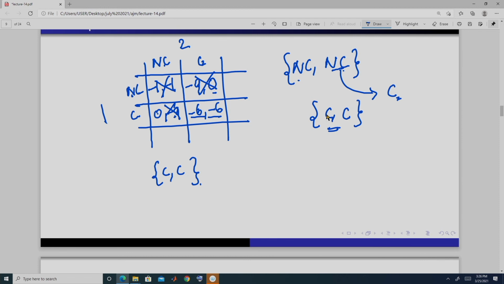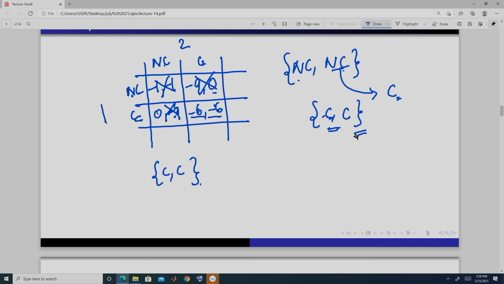If you look at this, when player 1 is choosing C, player 2, if it is choosing C, has no tendency to switch from C to NC. And when player 2 is choosing C and player 1 is choosing C, player 1 has no tendency to switch from C to NC.